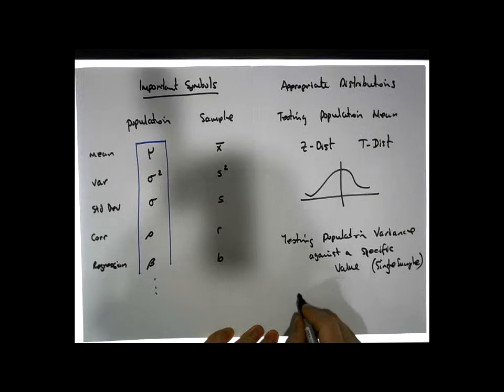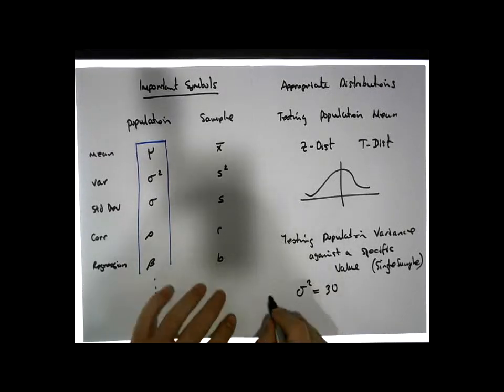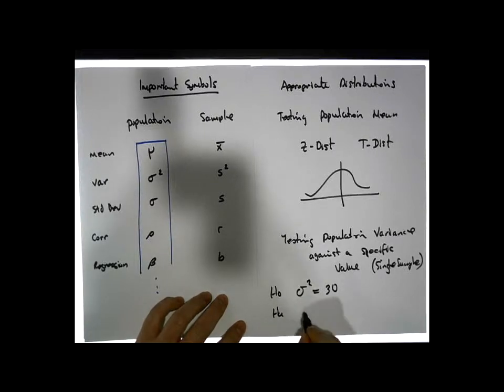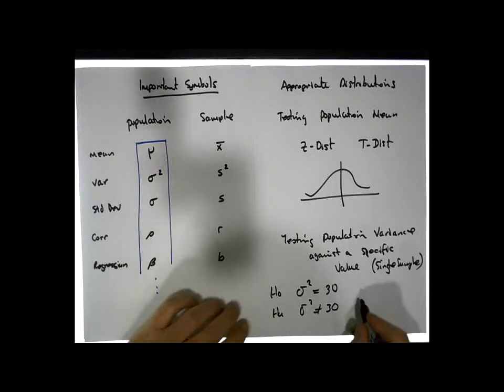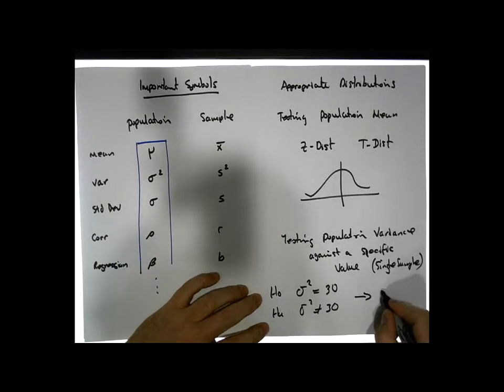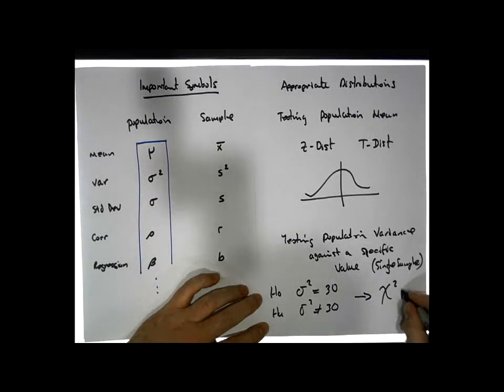So we want to test, let's say, sigma squared is equal to 30. That's the null position, and the alternative is that sigma squared is not equal to 30. That's a two-tailed test there. The appropriate distribution to use is a chi-squared distribution.